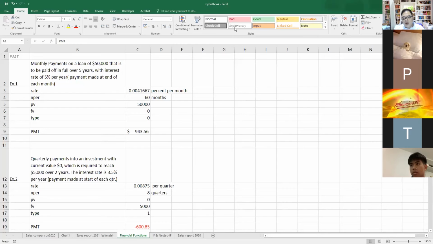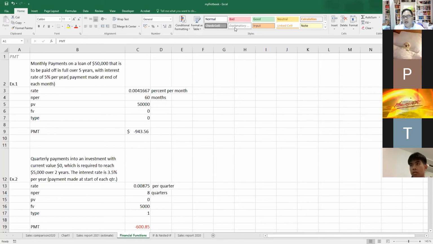When you enter the argument that we call type, you have to know that it specifies when you have to pay. You have 2 possible ways to pay. The first one is to pay at the end of the period.